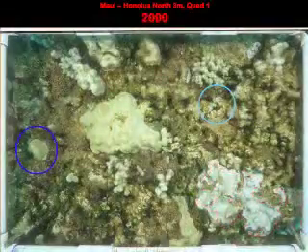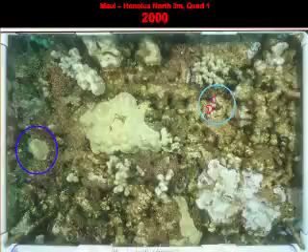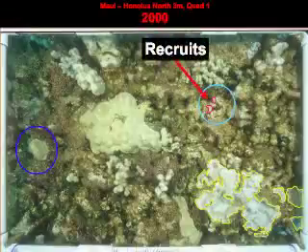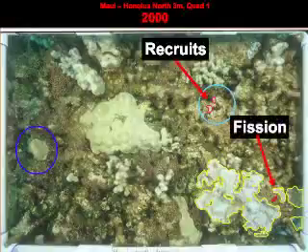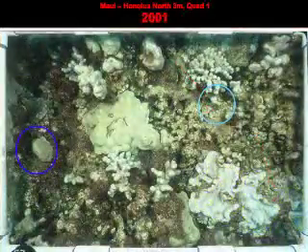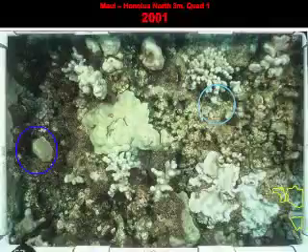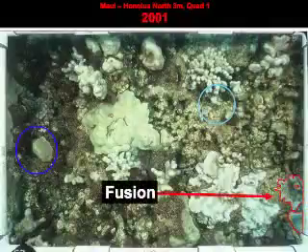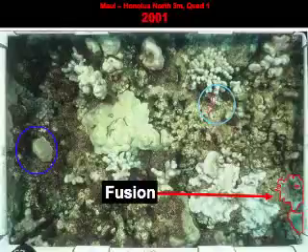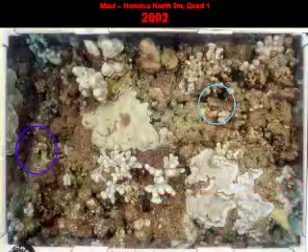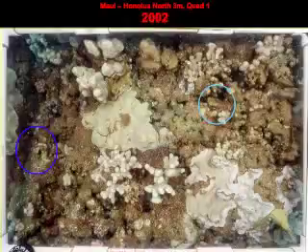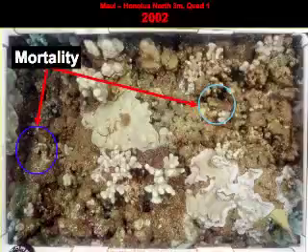Okay, in 2002, we notice we have two coral recruits that have come in here. This Montipora capitata, but there's a fishing event that's taking place. 2001, the colony that looked like this before is now like this, and so it's actually had a fusion event. Our recruits are a little larger, and by 2002, our little recruits there and our lobata that was here have died, so that's mortality.